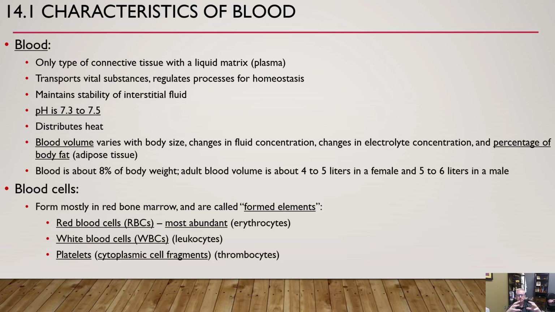But so that's just kind of where interstitial fluid is, or that interstitial space. So pH of the blood, here it says 7.3 to 7.5. I will say that this textbook is one of the only textbooks that I've seen that says 7.3 to 7.5.